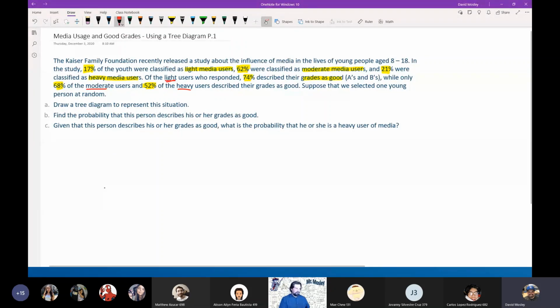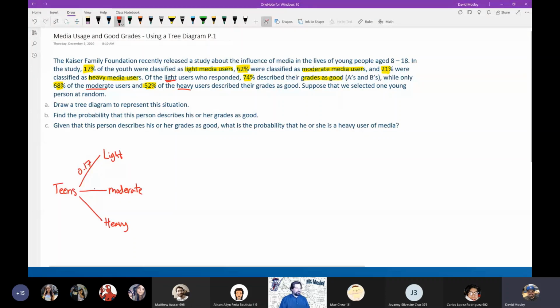So we're going to draw the tree diagram. We're starting with, say, teens here, and we have 3 options. So this one's going to have 3 original branches, and we get to classify those as light, moderate, and heavy. Light is 0.17.